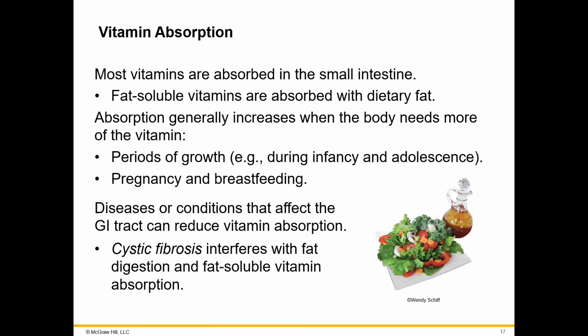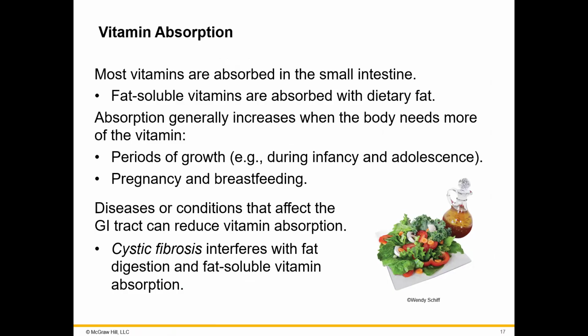When we look at where vitamins are absorbed in the body, you see where most of your fat soluble vitamins are going to be absorbed in the duodenum of the small intestine, and then generally, the remaining vitamins are absorbed also in the small intestine, but in the remaining jejunum and ileum.